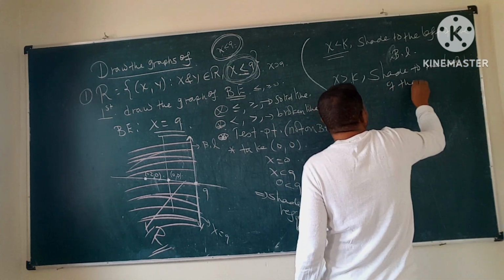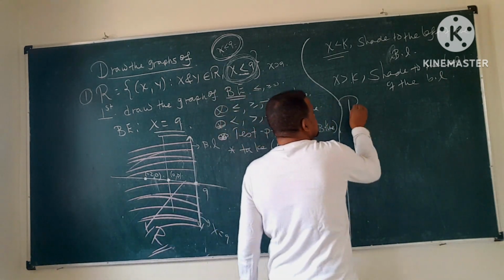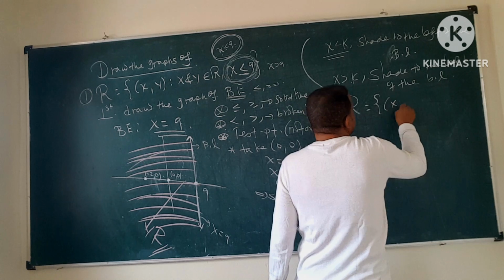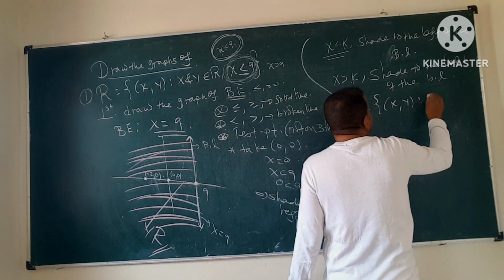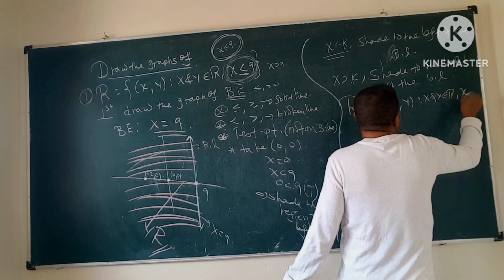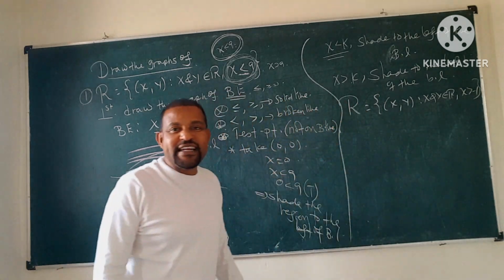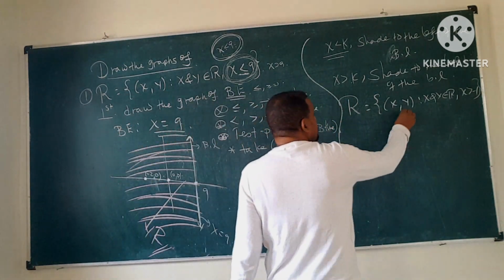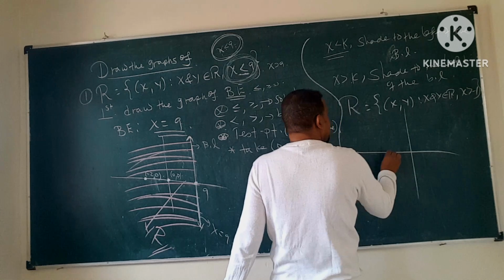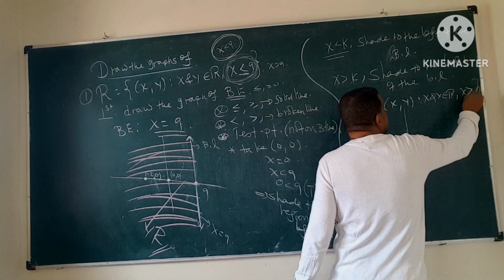For example, if this relation is given, the set of ordered pairs (x, y) such that x is greater than negative 1, we mark negative 1 here. Since it is strictly greater than, we use a broken line.